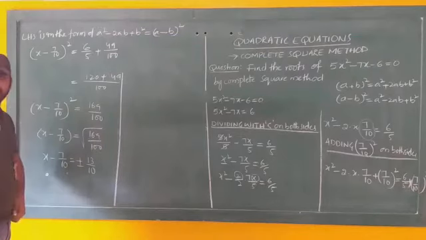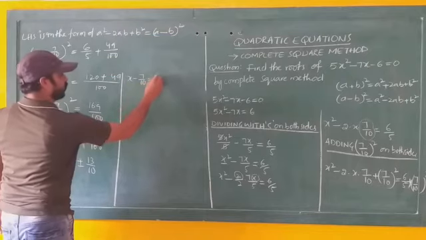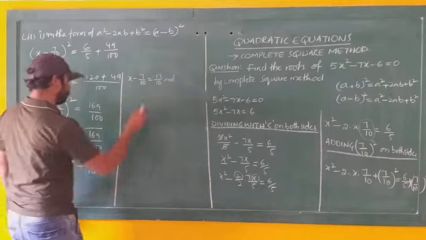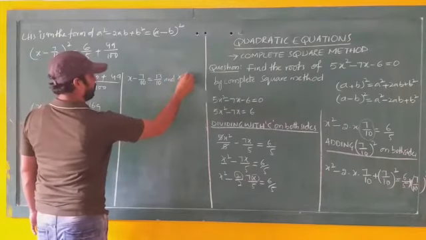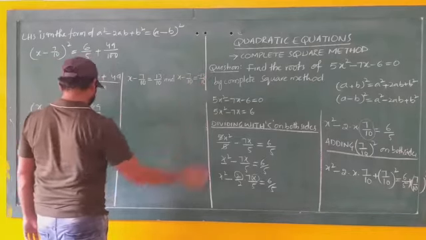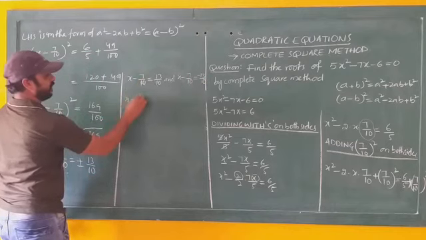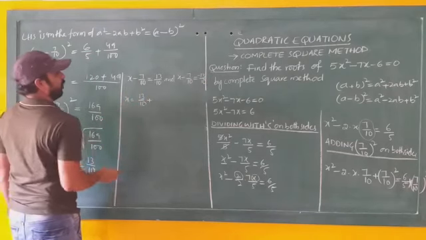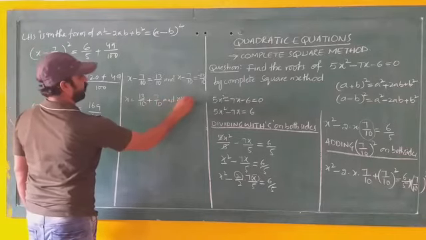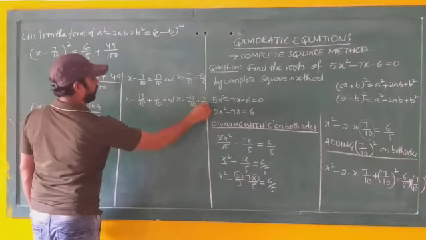Now x minus 7 by 10 is equal to 13 by 10, and x minus 7 by 10 is equal to minus 13 by 10. Now x is equal to, transposing the negative value to the right hand side, 13 by 10 plus 7 by 10, and x is equal to minus 13 by 10, transposing the negative value, plus 7 by 10.